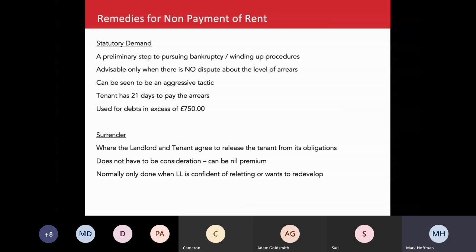And as I said, there doesn't have to be a premium. Sometimes there will be. So if the landlord really does want it back, they might pay the tenant to walk away. So if, for example, you've got a shop which the tenant's paying 40,000 a year, and another tenant comes along and says, I really want that shop, and the market rent is 70,000 a year, and there's 4 years to go to the review, the landlord is losing out on 30,000 a year for 4 years.